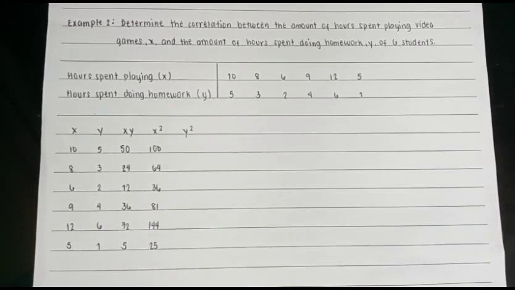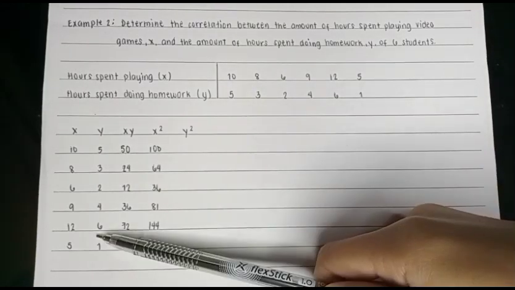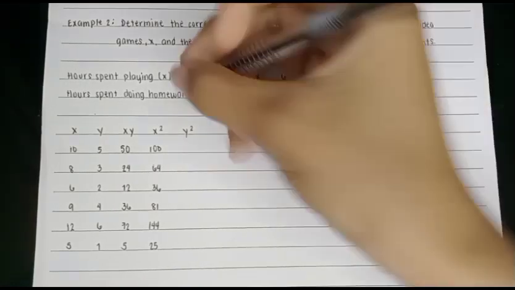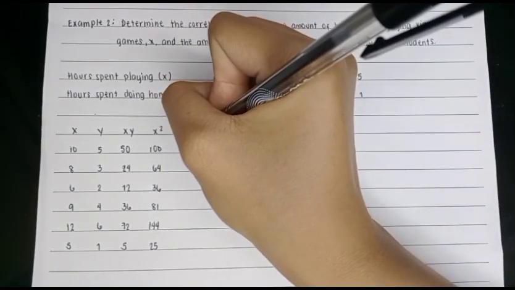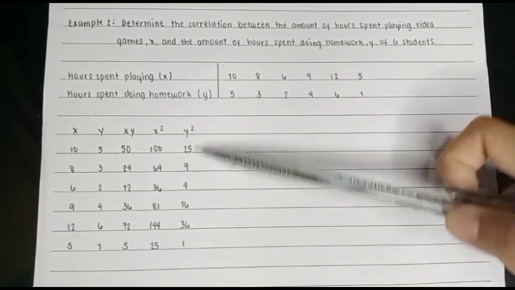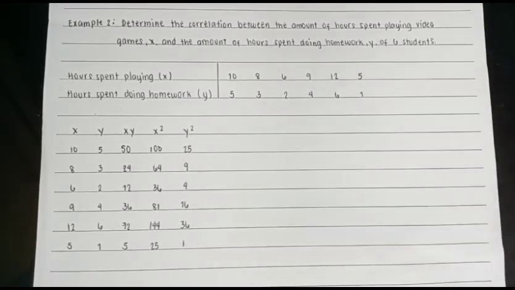Same process lang siya tulad ng sa x squared, pero this time, yung values ng y natin. So, 5 squared is equal to 25. Then the rest, squared lang natin ulit yung mga natira. Ayan, ito naman ngayon ang values ng ating y squared.